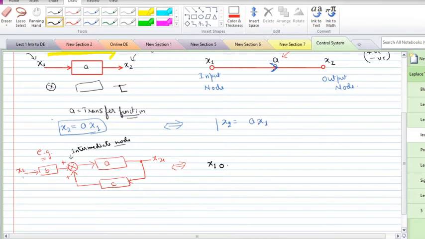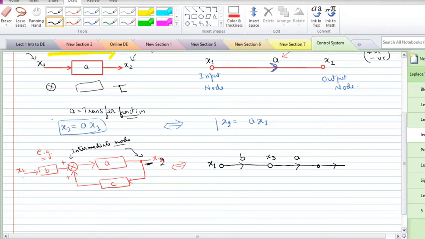From x1 to the intermediate node, let us suppose it is x3, with transmittance b, whereas x3 to this another intermediate node has transmittance a.